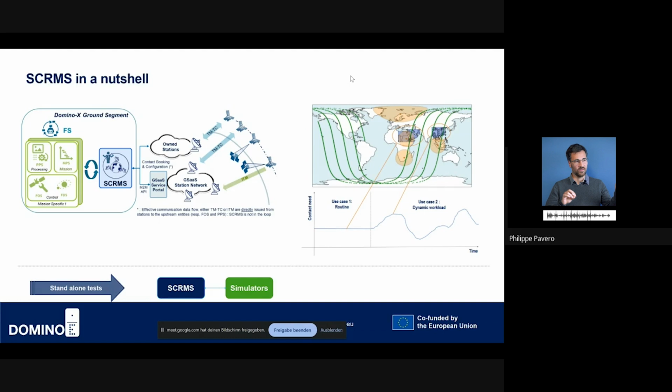So you won't be imaging clouds. And with those two possibilities, the SCRMS can adapt the contact plan so that you can reduce the reactivity. So tasking at the last moment and getting the images as soon as possible.